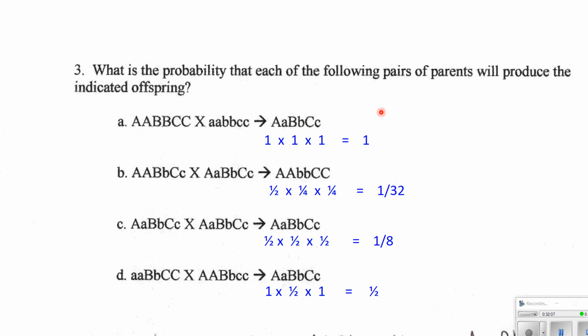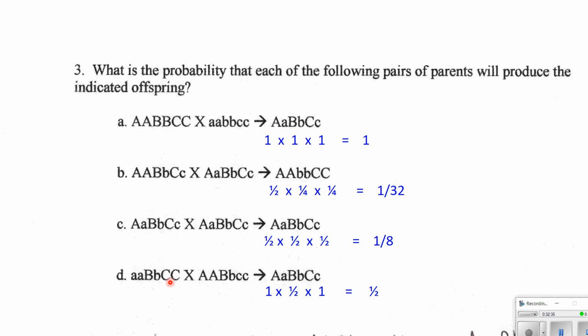All right, and you can check your answers on the other three. Remember, if you got an incorrect answer, look at your individual probabilities and see what you may have done wrong. And then look here at 3D. This parent has to pass down big A. This parent has to pass down little a. So the probability of heterozygous is 1.